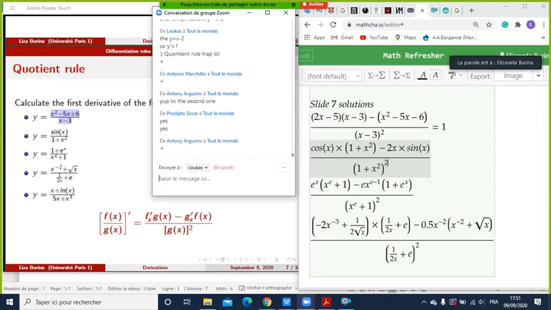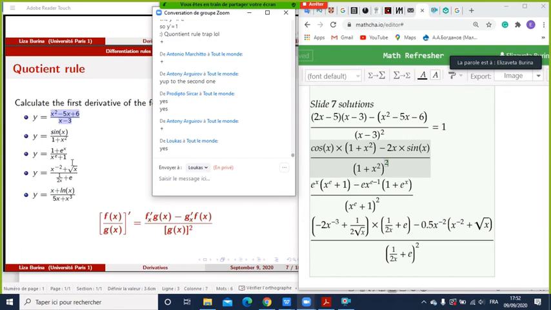Cool. So here what I wanted you to figure out is that e is just a simple number. So the derivative of the numerator will be this thing, because it's like pi, right? It's a number.